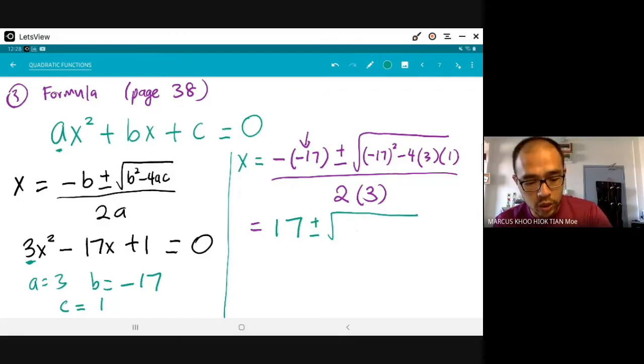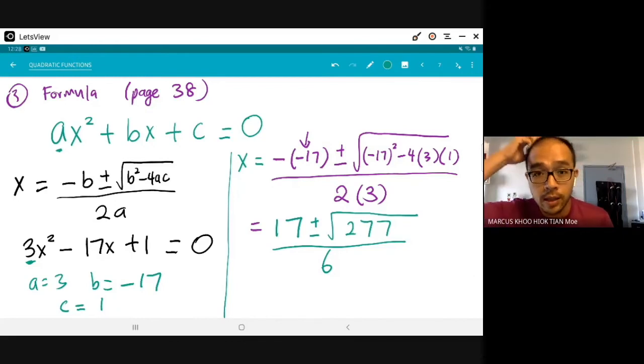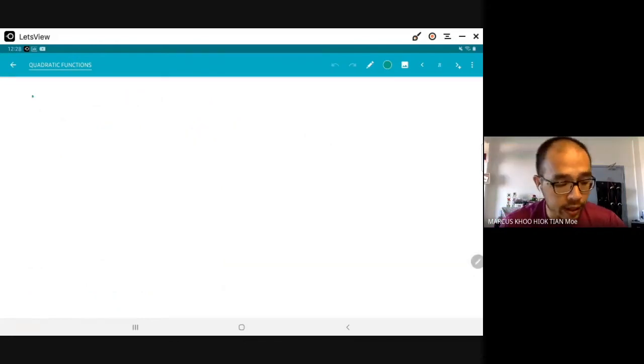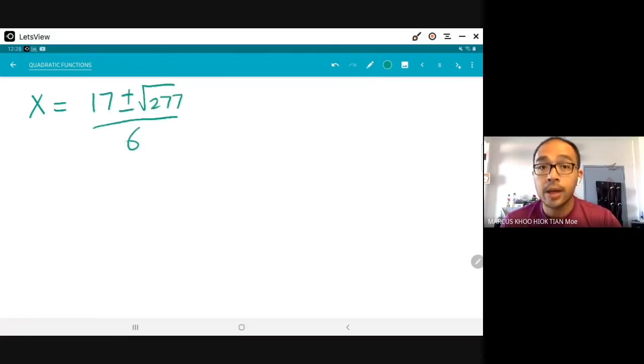You will get square root of 277 over 2 times 3 is 6. Hold on. Yeah, 277. Once you arrive here, x equals 17 plus minus square root of 277 over 6. Baru kamu pecahkan kepada 2.